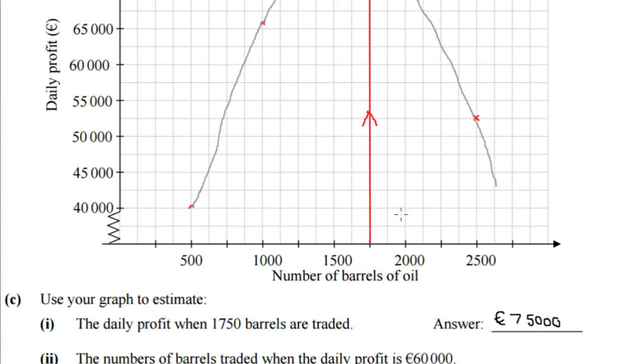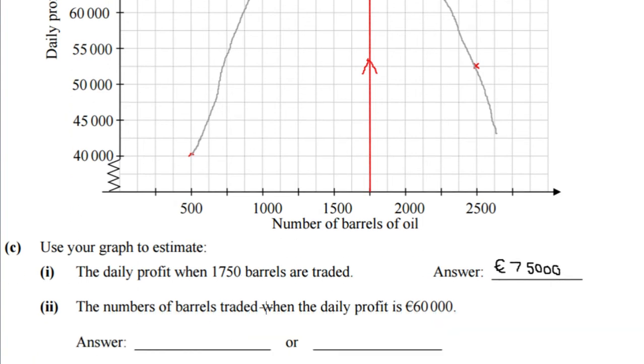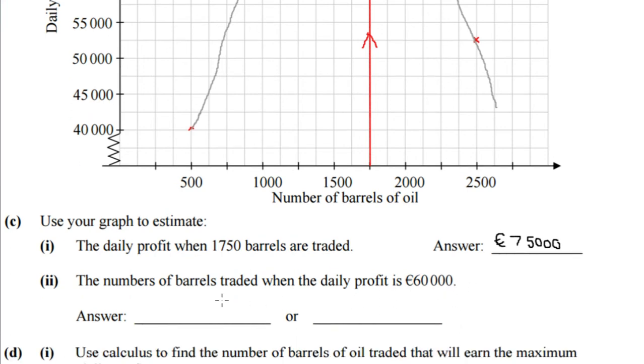And then the next bit says we want the number of barrels traded when the daily profit is 60,000. So there's actually two possible answers here, and we'll see why in a second. So this time, we're looking for x, not P. In the previous one, we were looking for, well, what's P? What's the profit when x is 1750? This time, we're looking for x when P is 60,000.